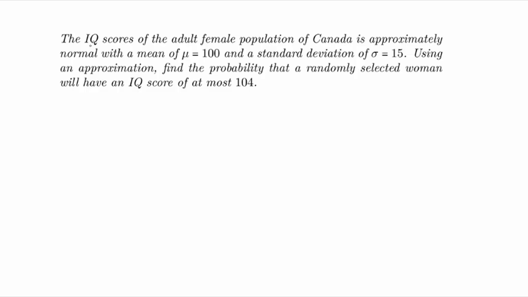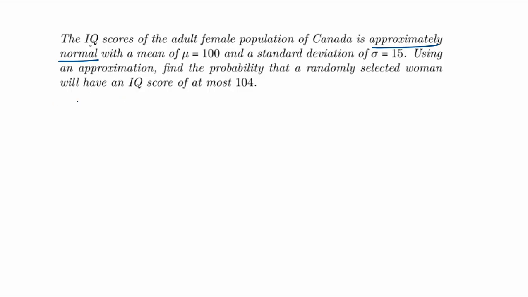So in the end of the day, what the exercise is telling me is that the IQ scores are approximately normal. Using an approximation, find the probability that a randomly selected woman will have an IQ of at most 104.